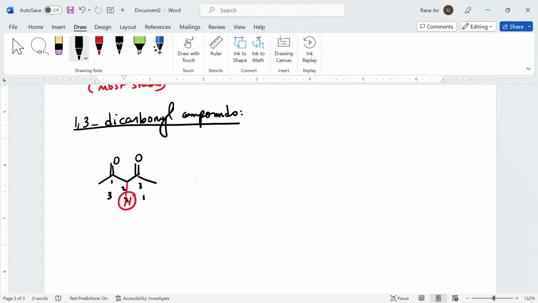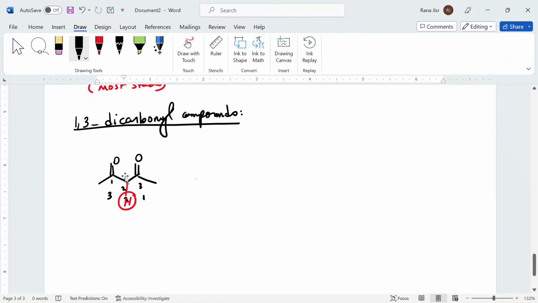With this acidic hydrogen here, we have only one type of acidic hydrogen. This is another type, but if we compare between both, this one is going to be way more acidic. So the base is going to come and take this alpha hydrogen. Because this one is symmetrical, it really doesn't matter where I put my double bond of the enol. Both are going to be the same.